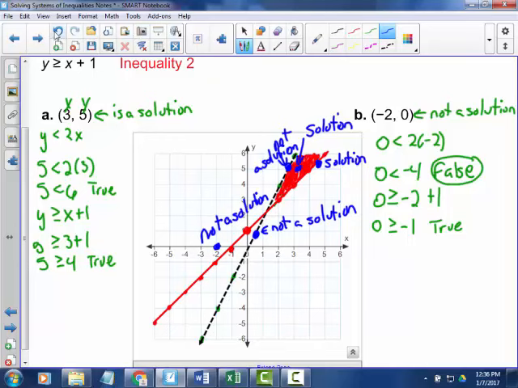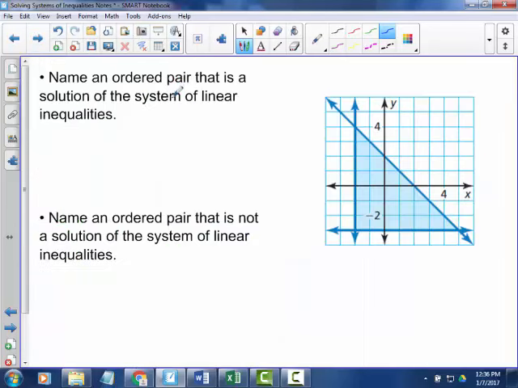Okay, let's look at another problem. Name an ordered pair that is a solution of the system of linear inequalities. We have a lot of space to choose from. This would be a solution. This would be a solution. Over here's a solution. Lots and lots of solutions. So you just need to pick one that you want to talk about.